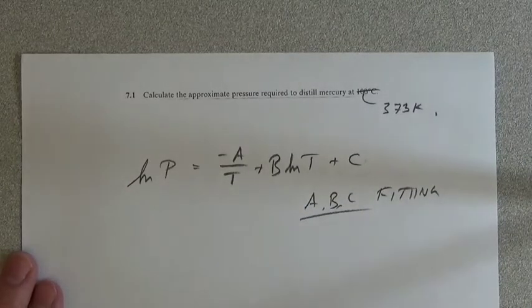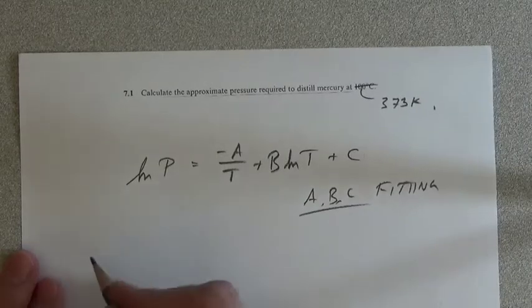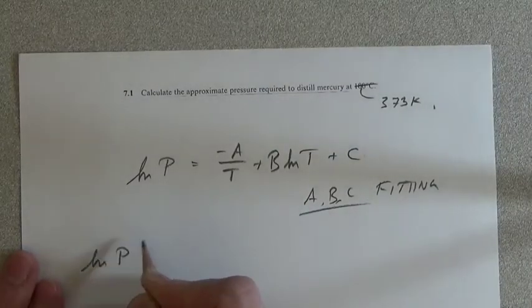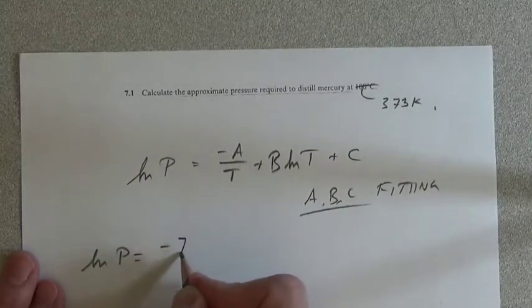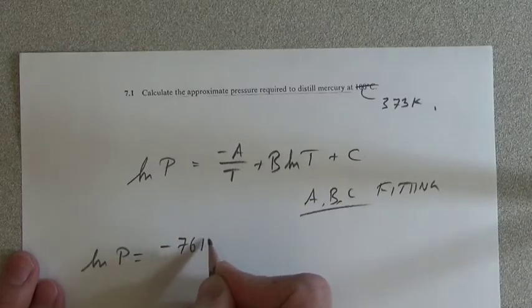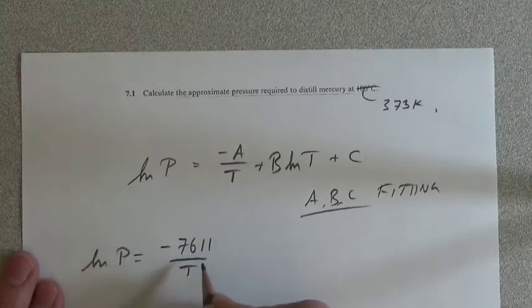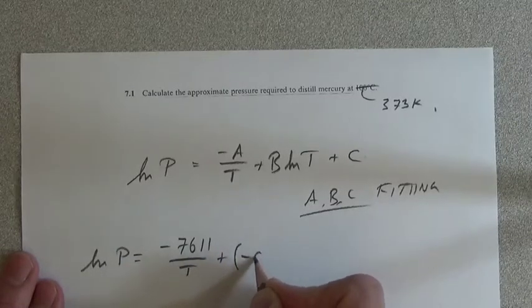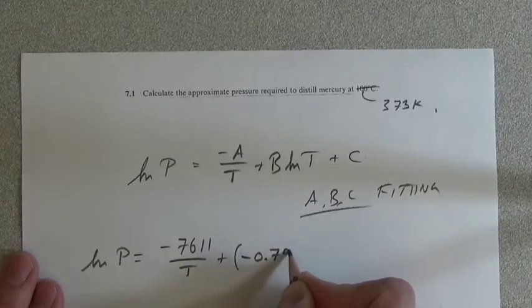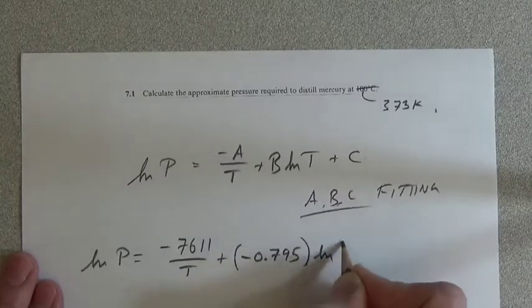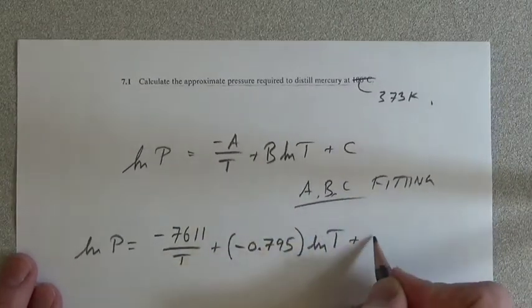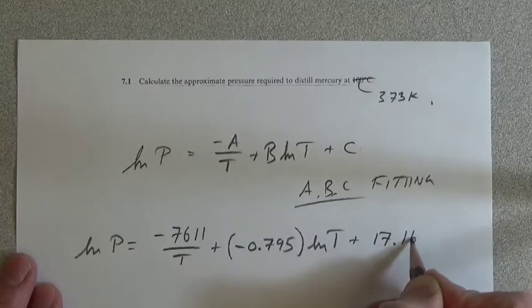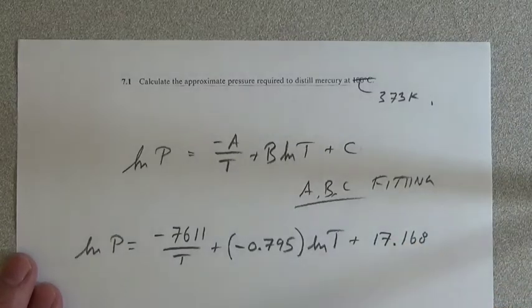In the case of mercury, the natural log of P is equal to minus 7,611 divided by T plus minus 0.795 natural log of T plus 17.168.